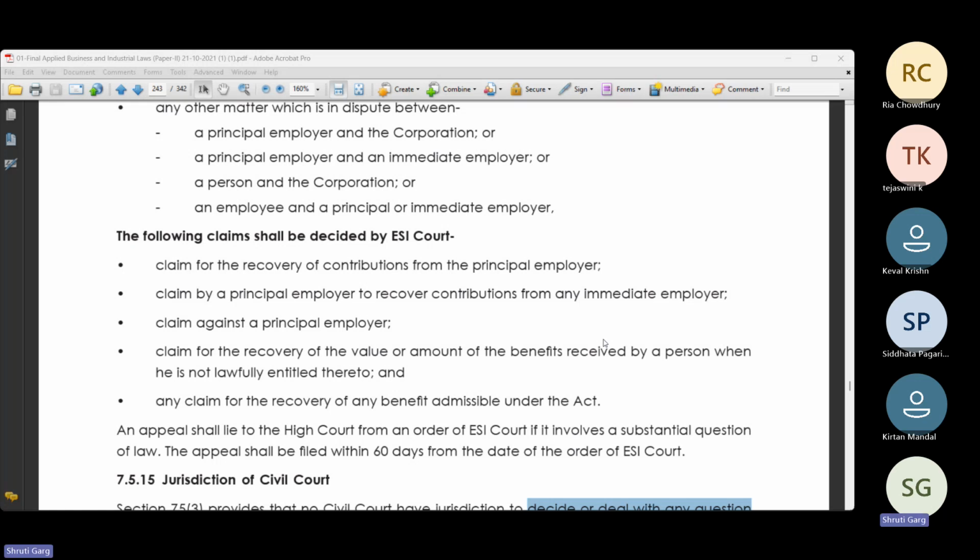Your paper is covered only from the study material, not from the easy notes. You have to attend the class, because important points and what the exams may cover are discussed in the class. So any question?